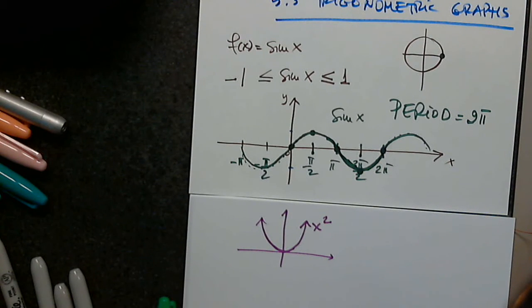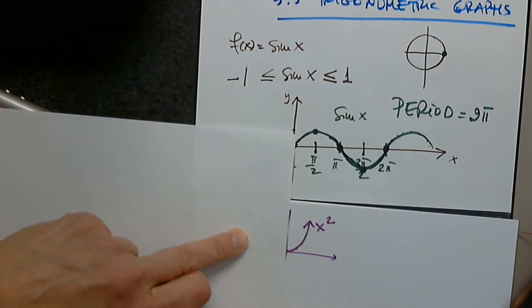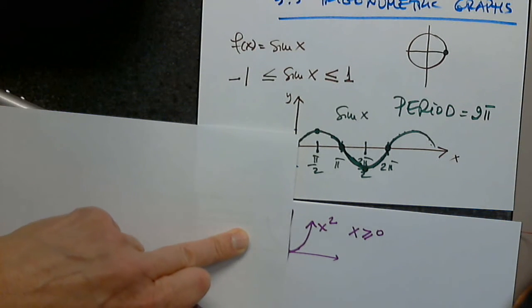We know that. Is this 1 to 1? No. What about now? Yes, it is, if I can play with the domain the way I want. If I say the function x squared, and I specifically say for x greater than or equal to 0, I created a function that is 1 to 1.